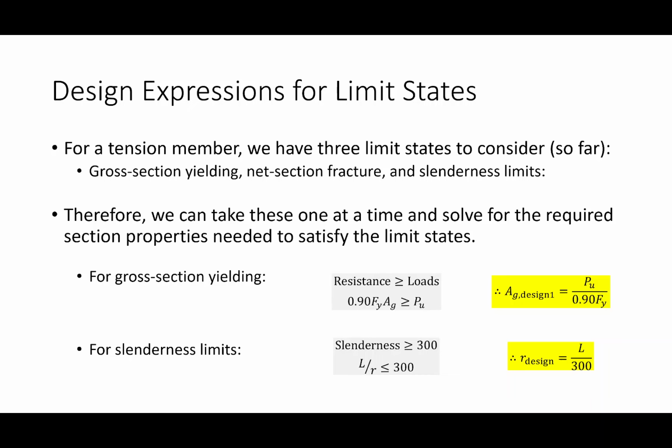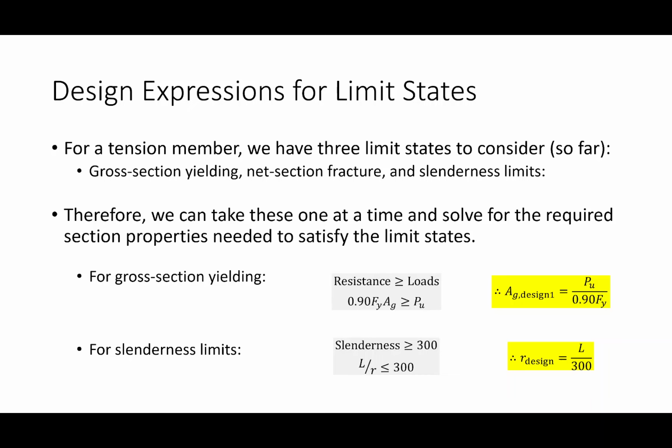But how do we design? Well, design means picking members, and picking members means we need some way of doing it. If the resistance has to be greater than or equal to the loads, and I know what the loads are, let's take gross section yielding, 0.9 Fy Ag.